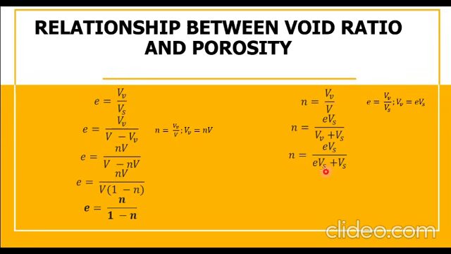Substituting eVs here, this will be equal to eVs over eVs plus Vs. And eVs all over Vs times quantity 1 plus e. If we cancel Vs, it will be equal to e over 1 plus e. And that is the relationship between void ratio and porosity.